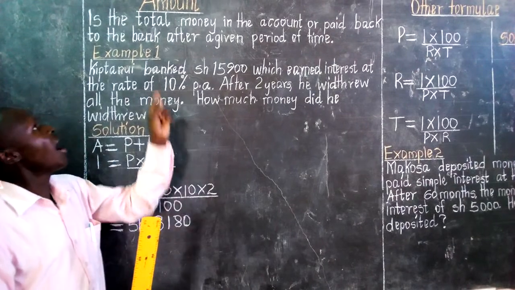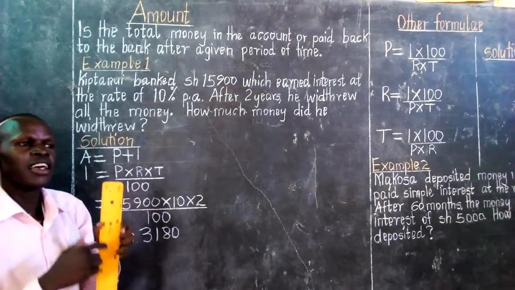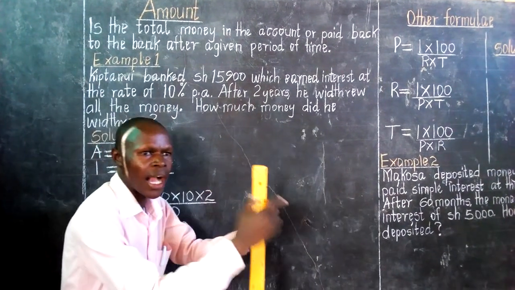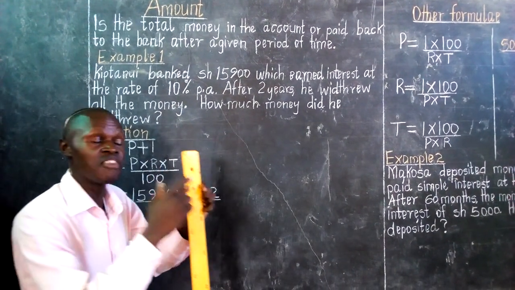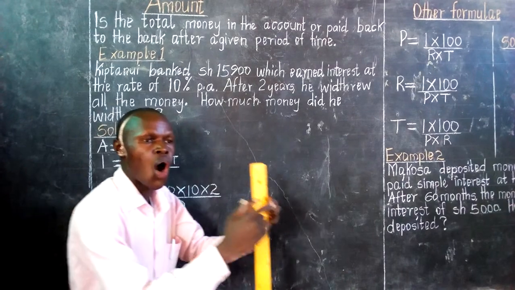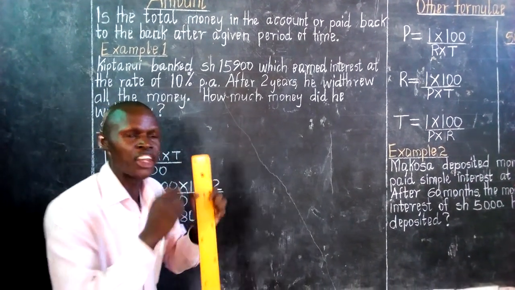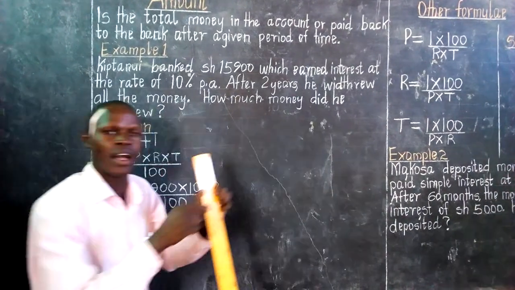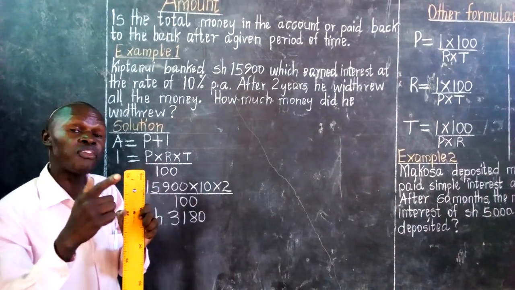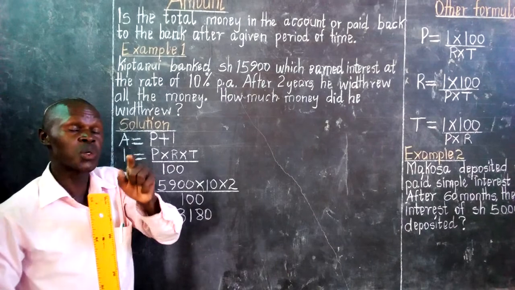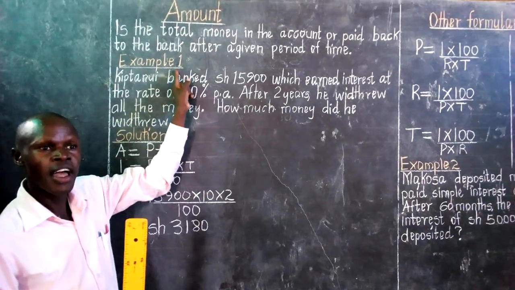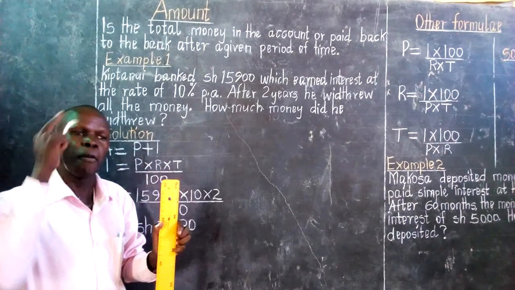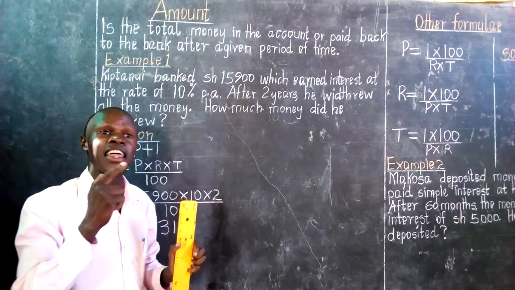What we call amount is the total money in the bank after a given period of time, or the total money you will pay back to the bank after a given period of time. That's what we call amount.